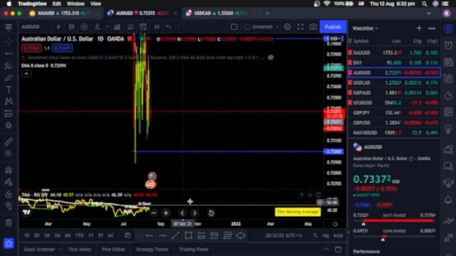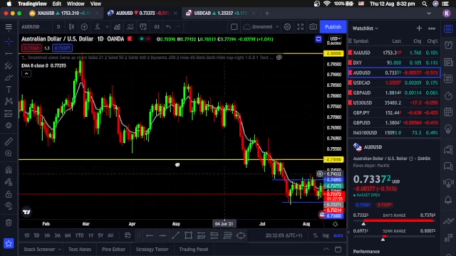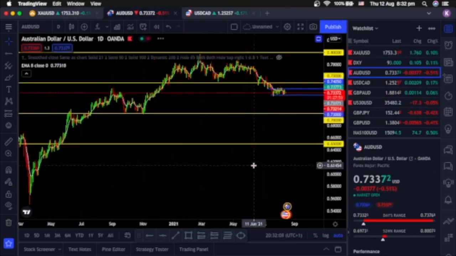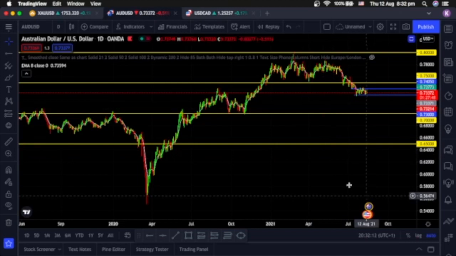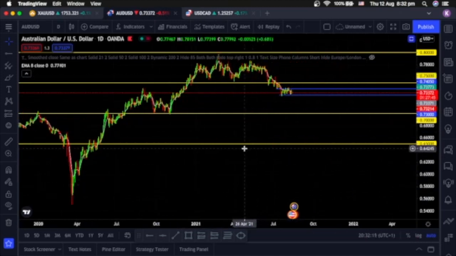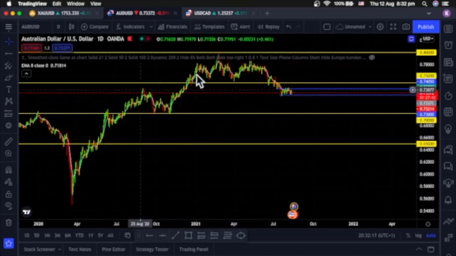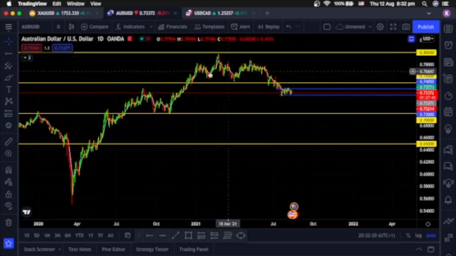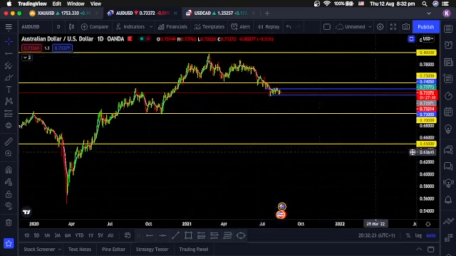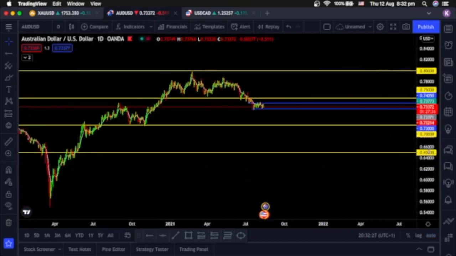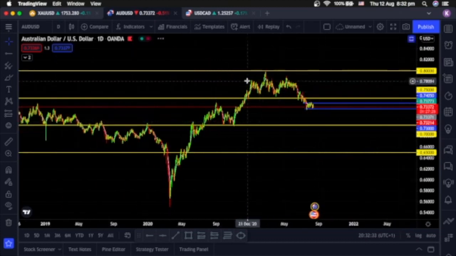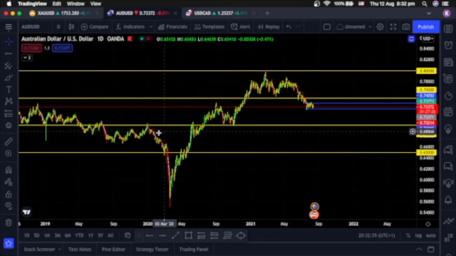So I always start my analysis on the daily, and then as you can see here on my chart, I got my support and resistance zones all marked up, as you can see over here. So I usually make a line where these key levels are, where it touched multiple times, and you could do that by looking back in the past.